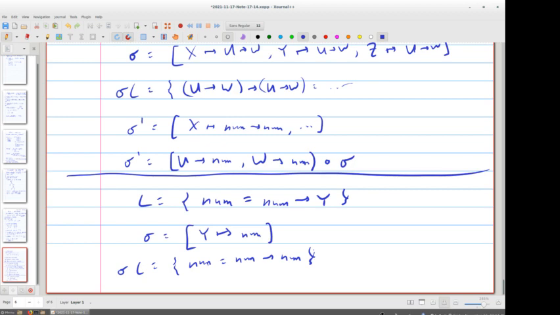It doesn't solve the equation. Any other ideas? Yeah? Would it be some sort of like empty type? Well, I mean, you're kind of right about that because there is no solution. Yeah, there is no sigma here that will unify this constraint set.